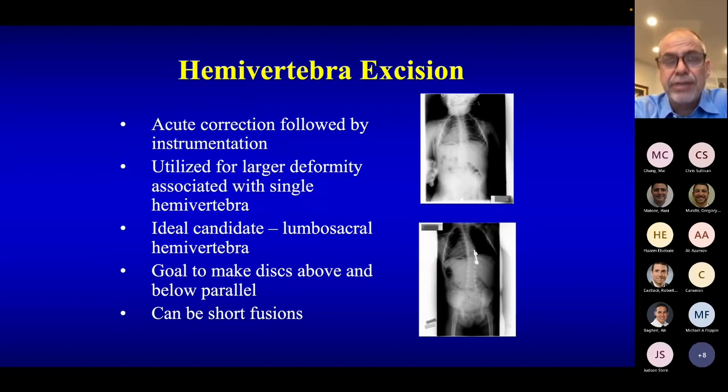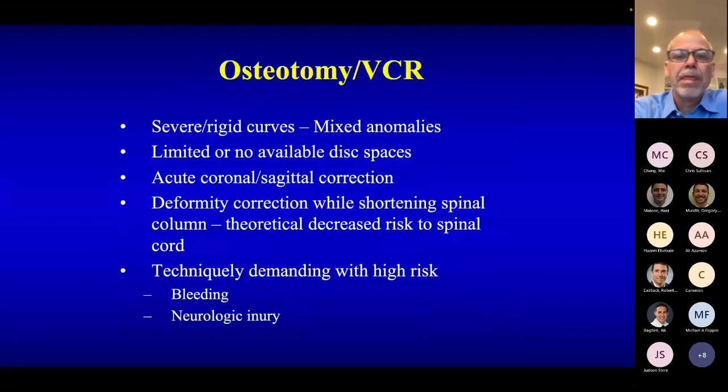You can actually get to it before compensatory curves develop, and the acute correction can be lifelong. What you've essentially done is you've created a small little block vertebra across your fusion that may actually let that patient have a totally normal life, that's relatively inconsequential to growth because of its limited fusion.